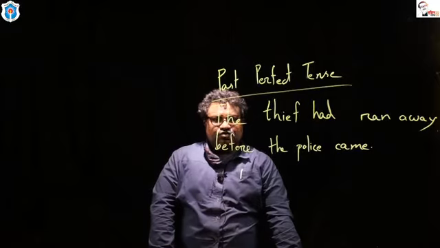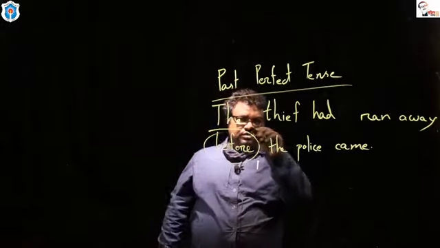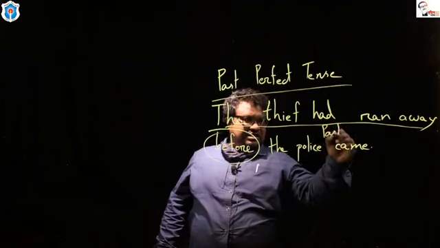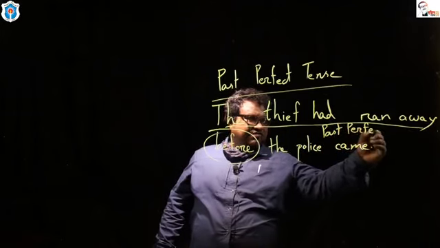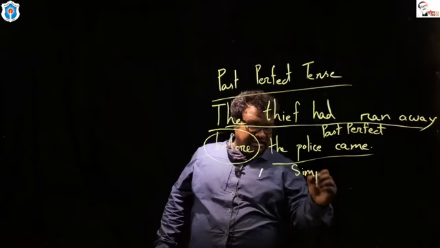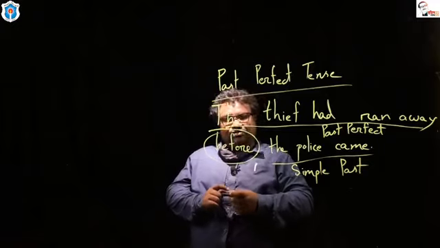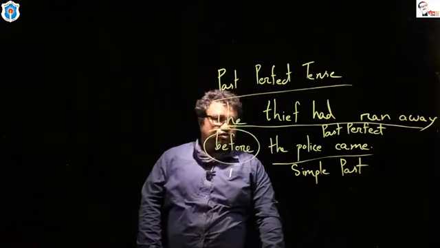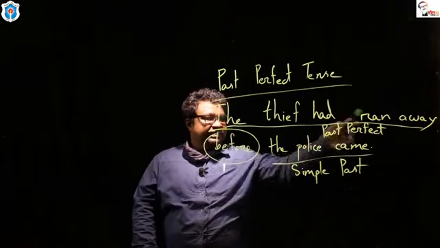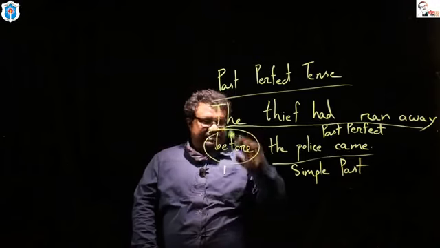So here we see the use of this preposition before, and this part is in past perfect. The next part is in simple past. Now what do we see? We see that the part preceding this before is in past perfect, while the part following this before is in simple past.